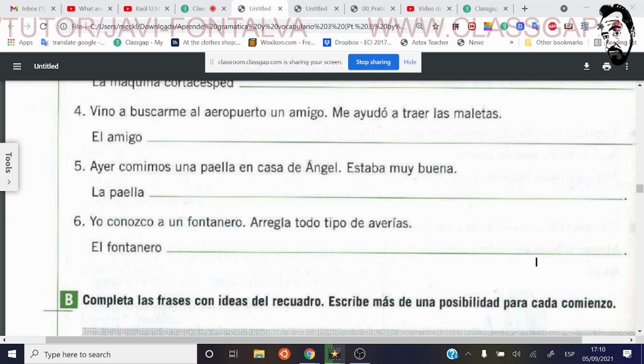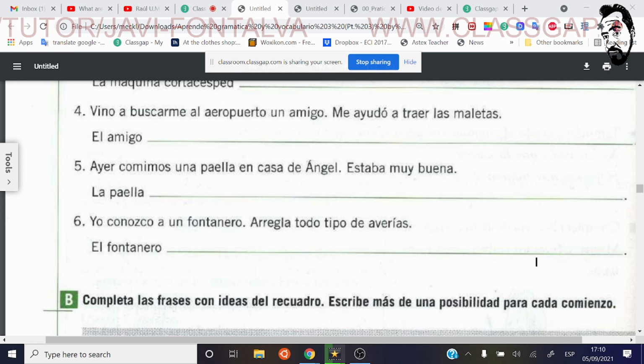6. Okay. Fontanero is plumber. Okay. So el fontanero que yo conozco arregla todo tipo de averías. So el fontanero que conozco arregla todo tipo de averías.